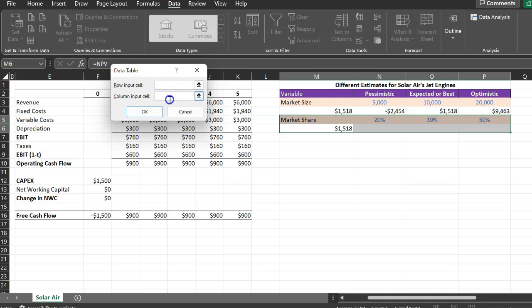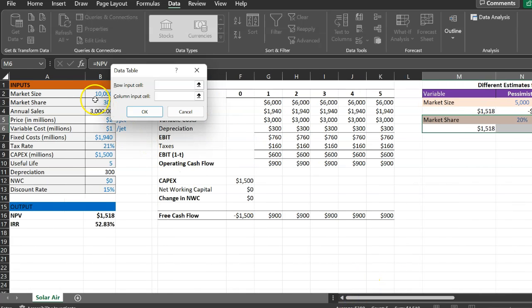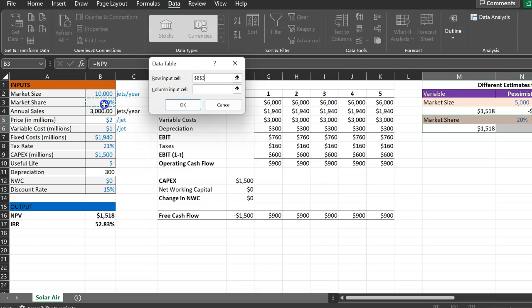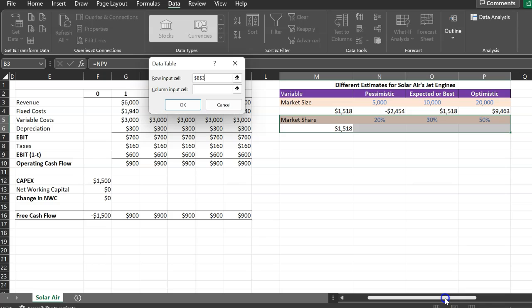You say, okay, column doesn't apply to me. In the row, I'm measuring market share, and my baseline number for market share is coming from right here, 30%.